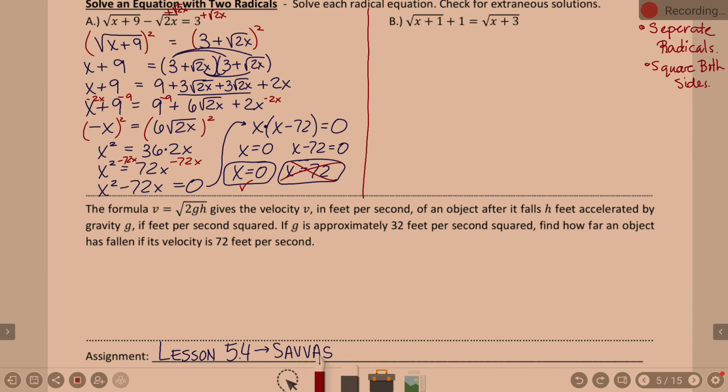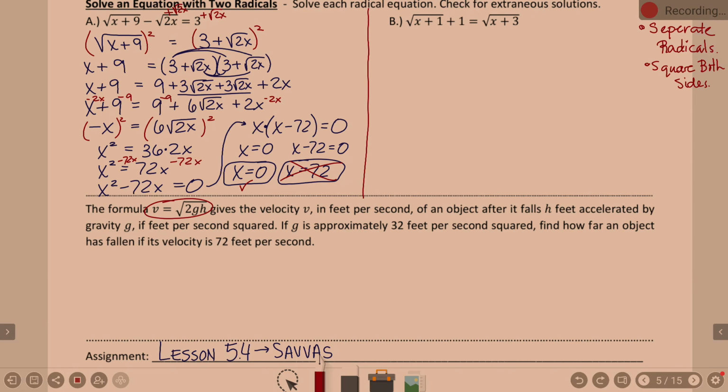So read it. The formula, V equals square root of 2GH. Love when they give me formulas. Gives me the velocity V in feet per second of an object after it falls h feet accelerated by gravity g, in feet per second squared. If g is approximately 32 feet per second squared, what did it just say?